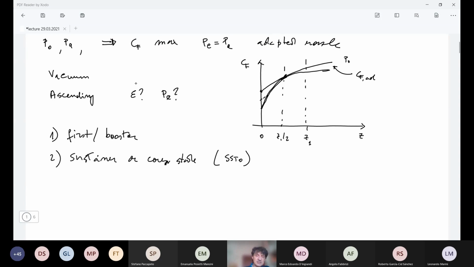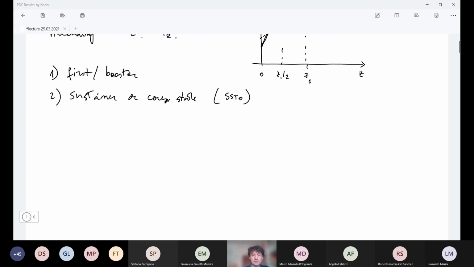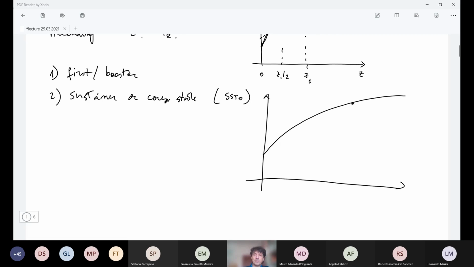So in this second case, most of operation will be in vacuum, and so we should adapt as done for the vacuum case. The problem in this case is that if you move in this plot, you should move, possibly here, to adapt to a very high altitude, and you'll have something like the dashed line I'm plotting here.